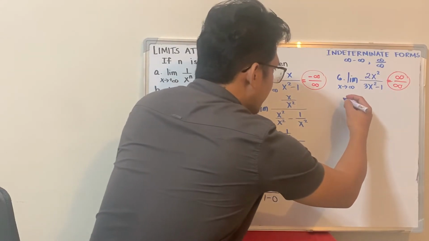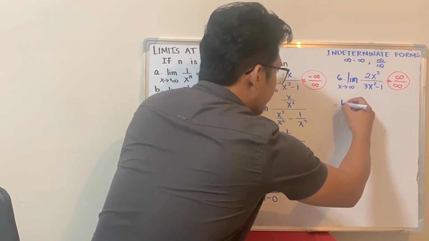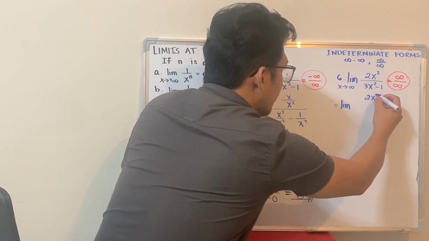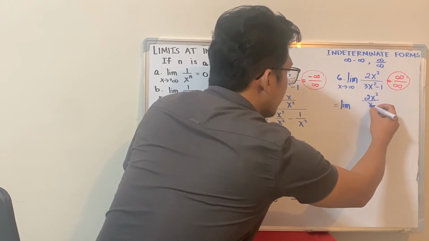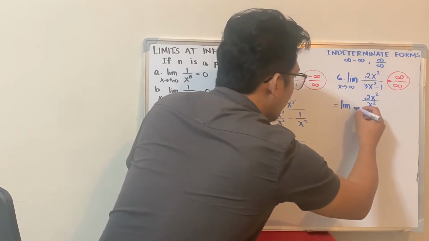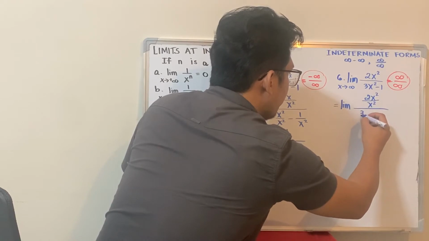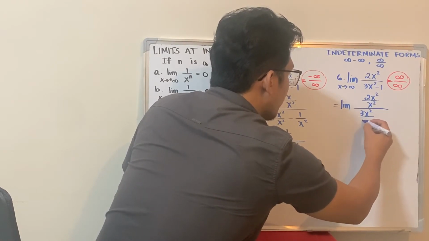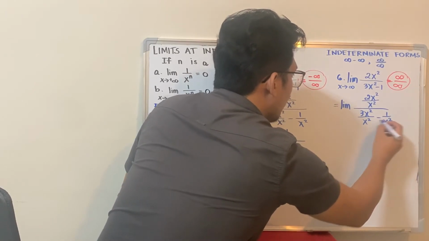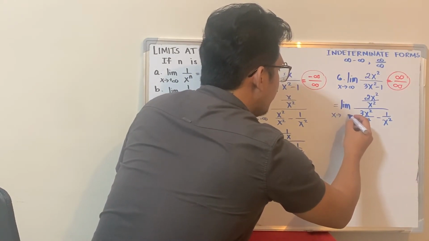So this becomes the limit of 2x squared divided by x squared, all over 3x squared divided by x squared minus 1 over x squared, as x approaches infinity.